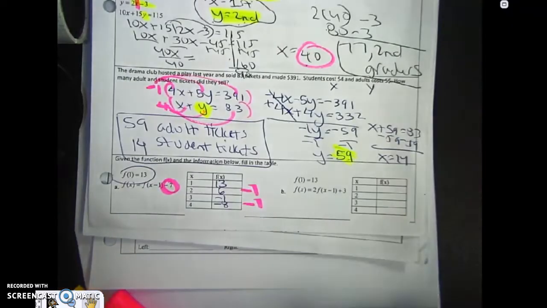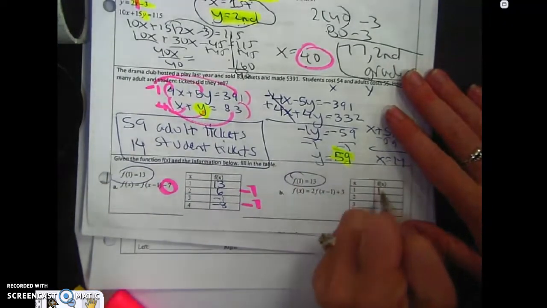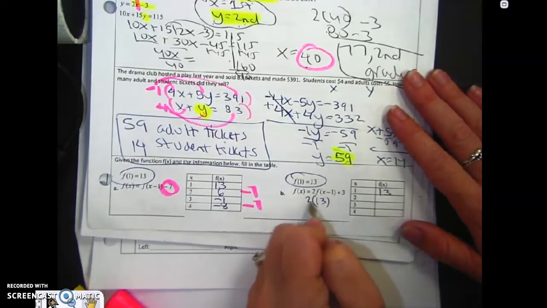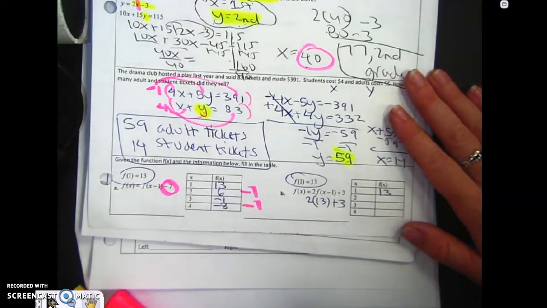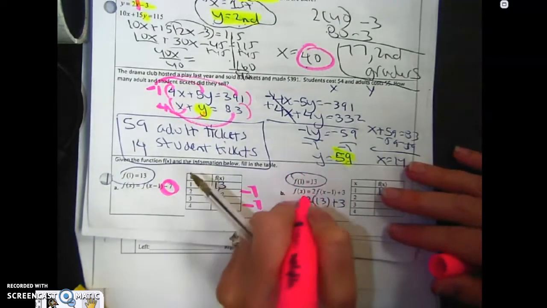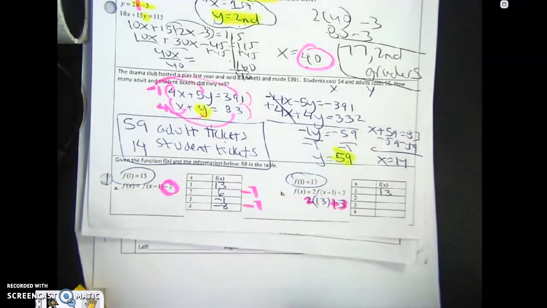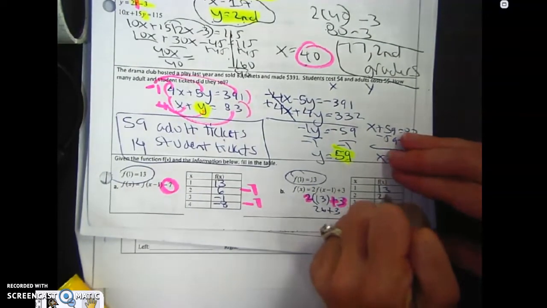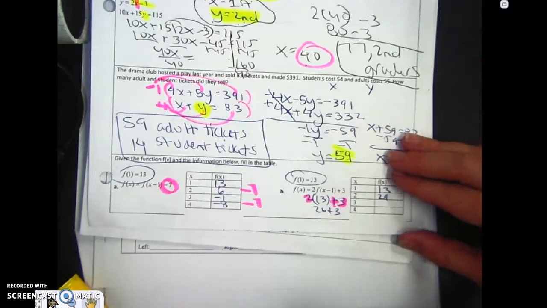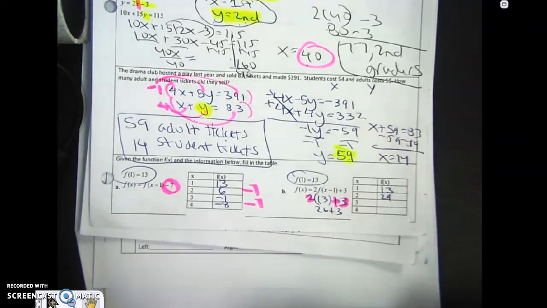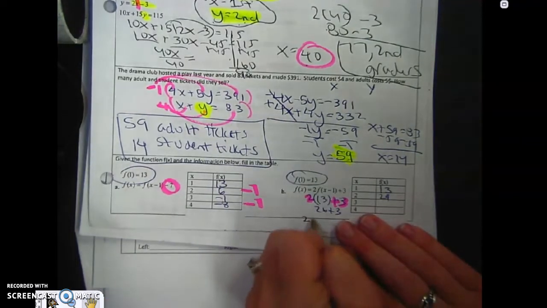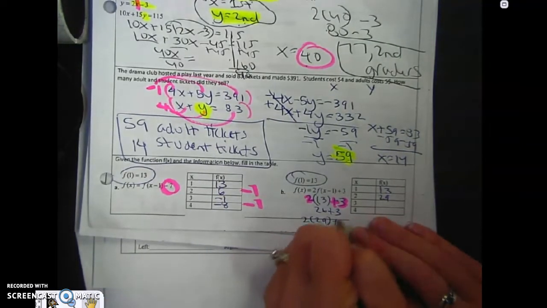This time, f of 1 is 13 again, but what they're asking me to do is take the 13, multiply it by 2, and add 3. So 2 times 13 is 26, plus 3 is 29. Now they're saying, take the 29, multiply it by 2, and add 3.